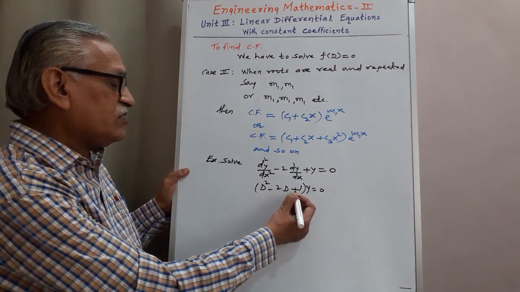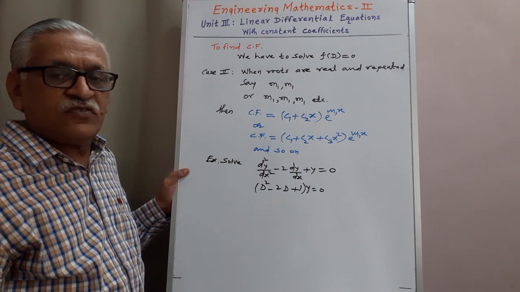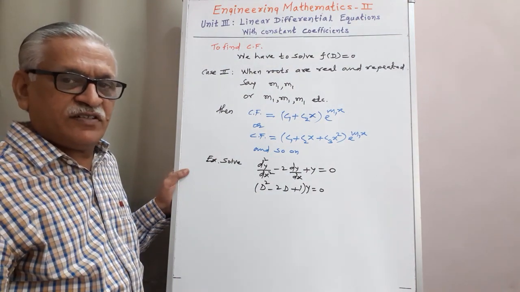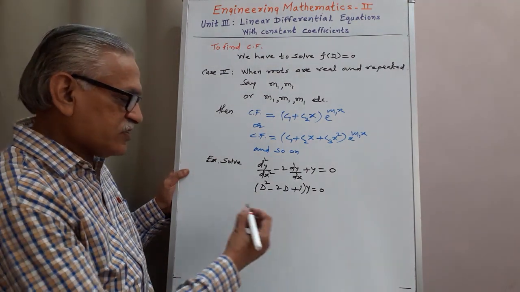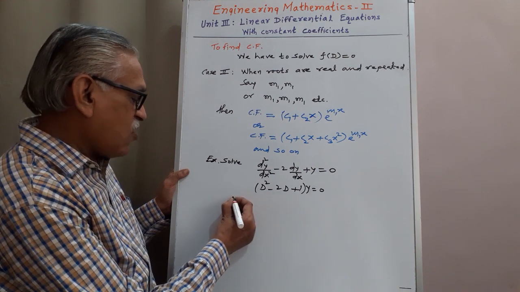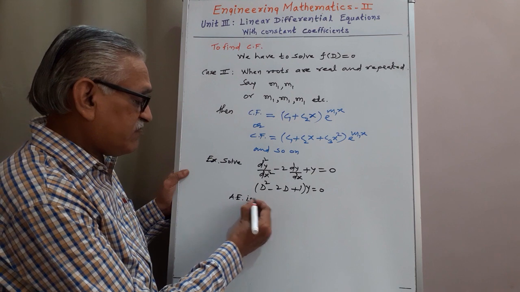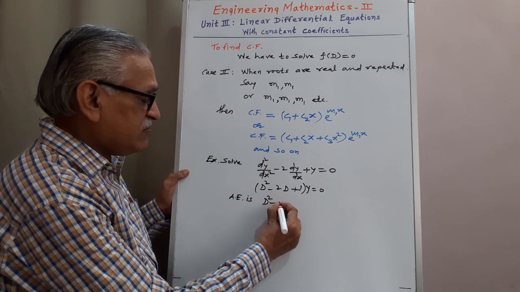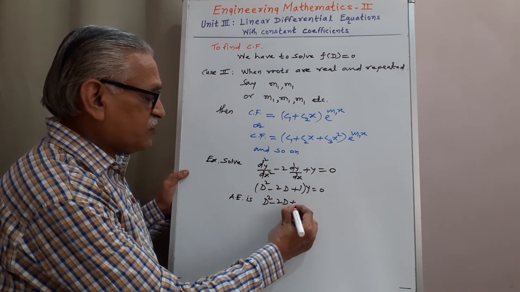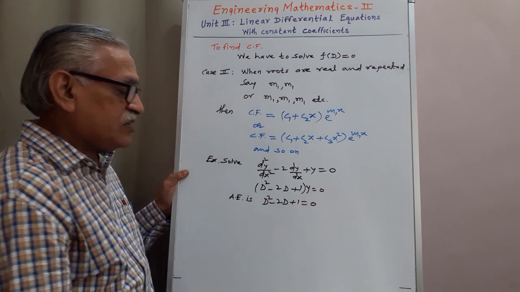Then to solve this equation, we have to obtain the complementary function as well as a particular integral. Here the auxiliary equation is D squared minus 2D plus 1 equals 0.